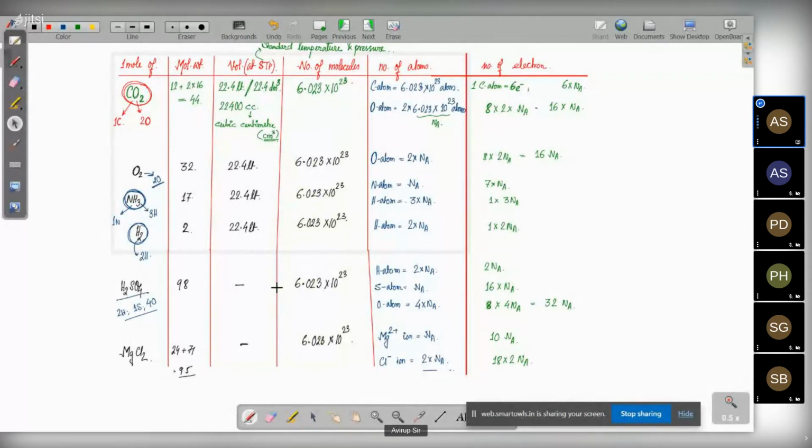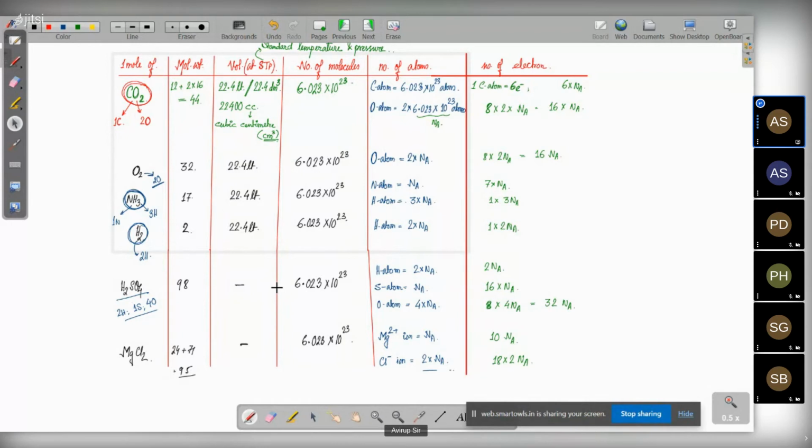What I want you to do before the next class is remember all the formulas so that you can actively participate in the question solving. It should not be that I am only solving the sum, because then it is my practice, not your practice.